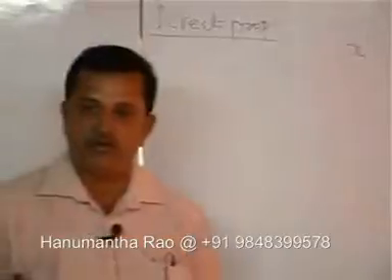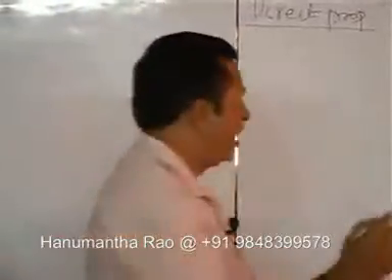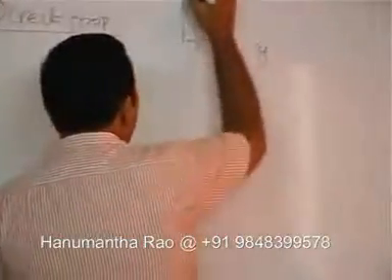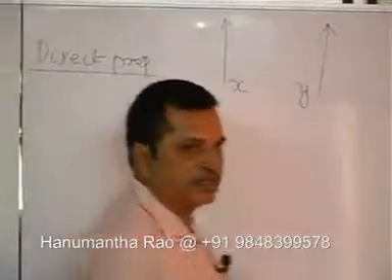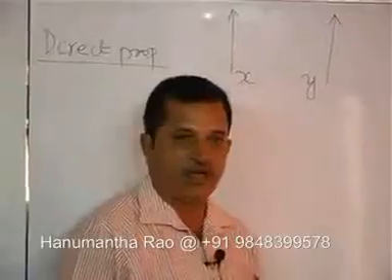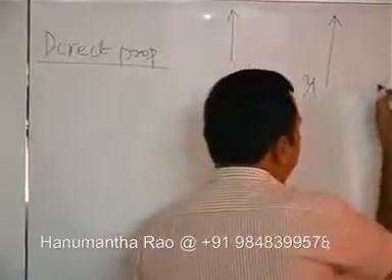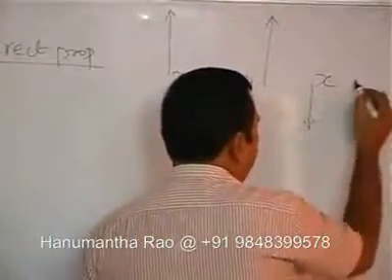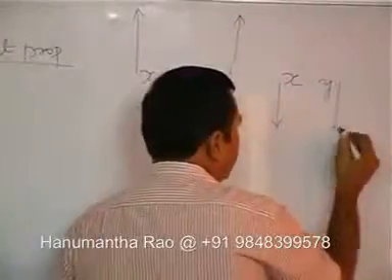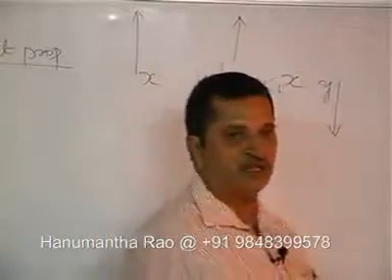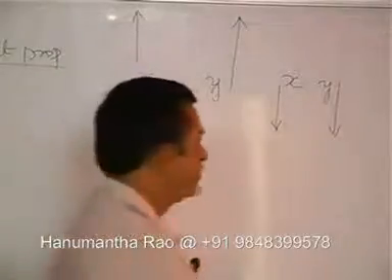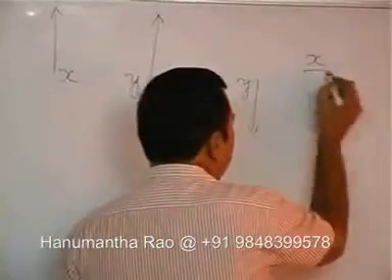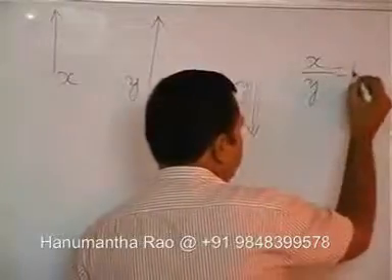If you take two variables x and y, an increase in one quantity may cause a considerable increase in the other quantity. Otherwise, a decrease in one quantity may cause a considerable decrease in the other quantity. In such cases, x by y is always constant.